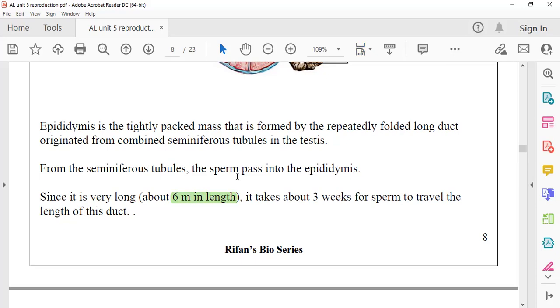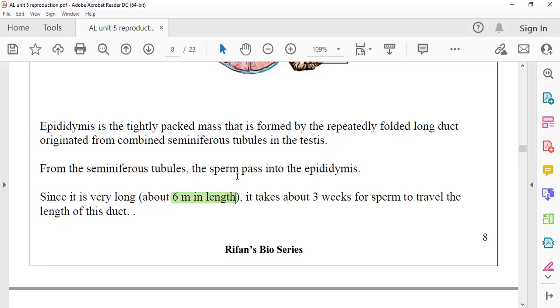Through this longer tube, a microscopic unit called sperm is going to travel. From the point of view of a sperm, it is a very long journey, or not? Yes, sir.